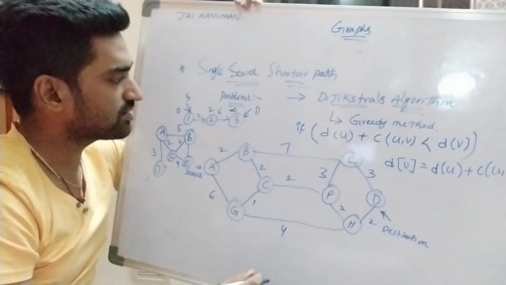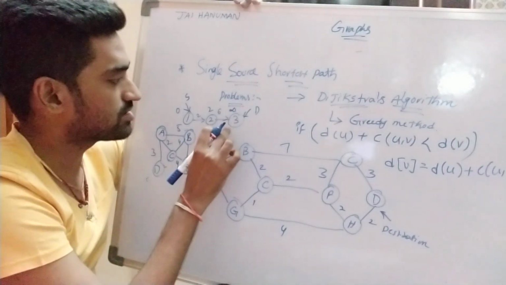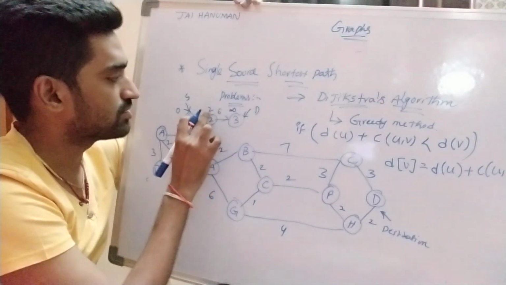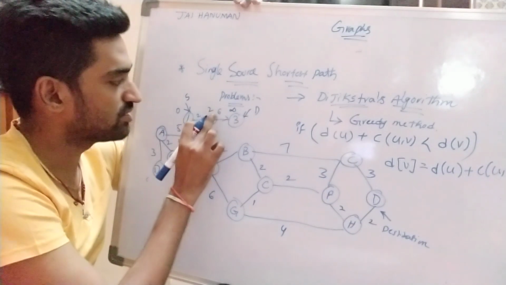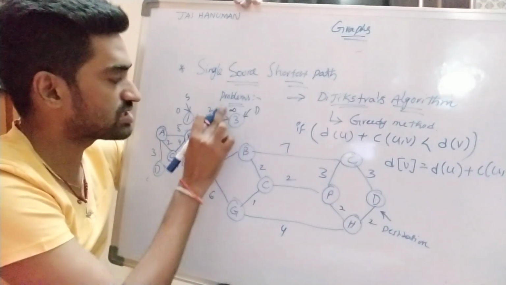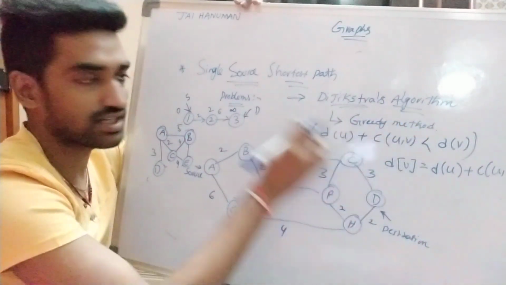Here u and v are nothing but vertices. So what is the updated distance for infinity? 8. Before updating this value, we compulsorily check this condition.